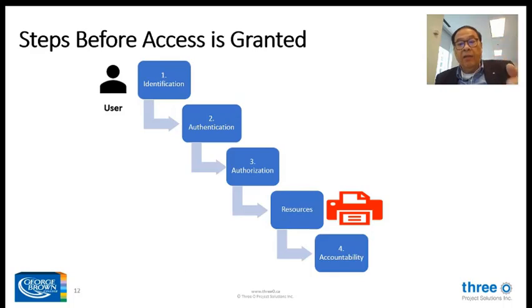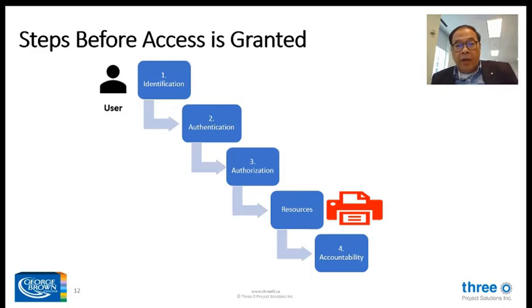Once you have been identified and authenticated, you'll be checked for what you are authorized to do after you get access to that particular computing resource. It could be a network or a computer system, and then by accessing resources like a printer or a database, whatever you do during that access needs to be accountable.